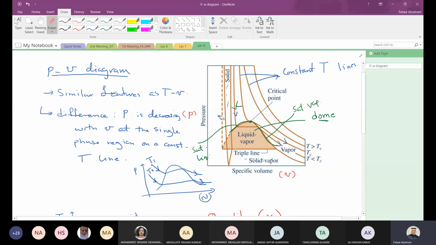We will be just focusing on the liquid vapor phase. So to answer your question, yes, it shows that for this diagram here. By the way, this is from the book. However, we will just focus on the liquid vapor region.